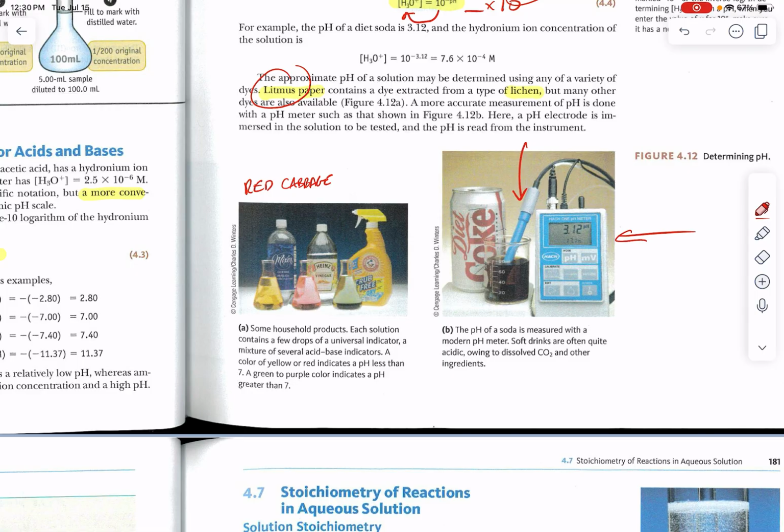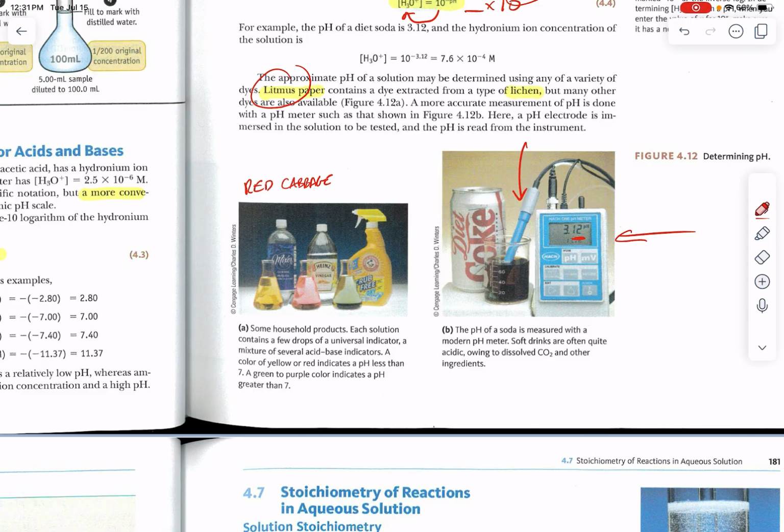pH probes, of course, are going to give you readings to the tenths and the hundredths place. And of course, that hundredths place isn't going to be very stable because just the subtle changes in temperature and the subtle movement of the particles in solution will probably cause that hundredths place number to dance around a little bit.